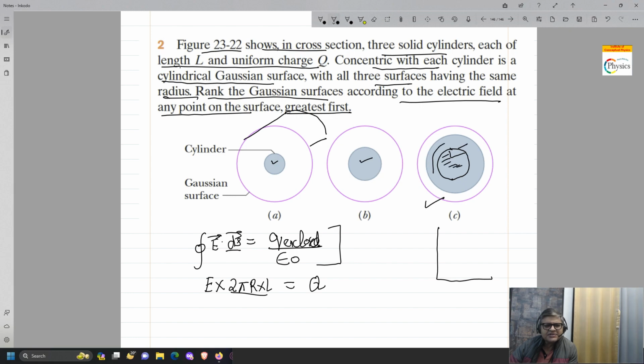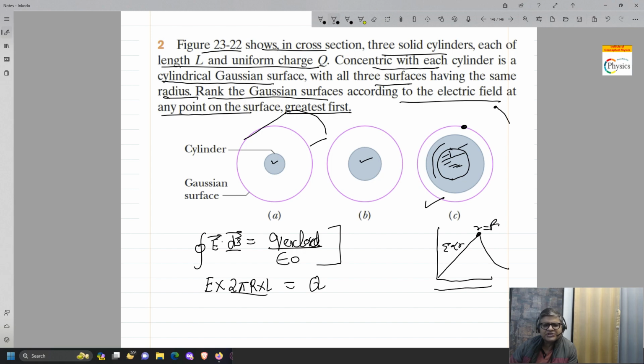As the Gaussian surface increases, the electric field increases, and at the surface it reaches the peak because the whole charge is enclosed. After that, because of the distance of the Gaussian surface, the electric field goes down. So E is proportional to the distance inside.